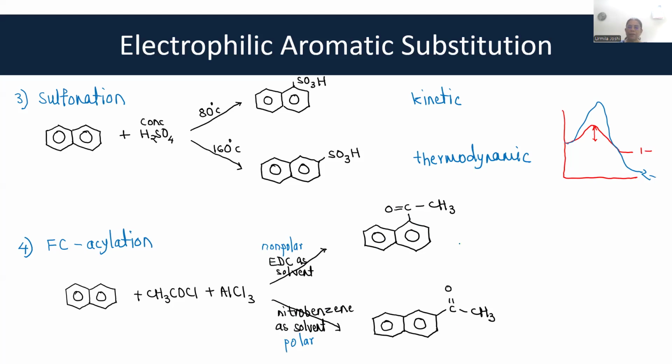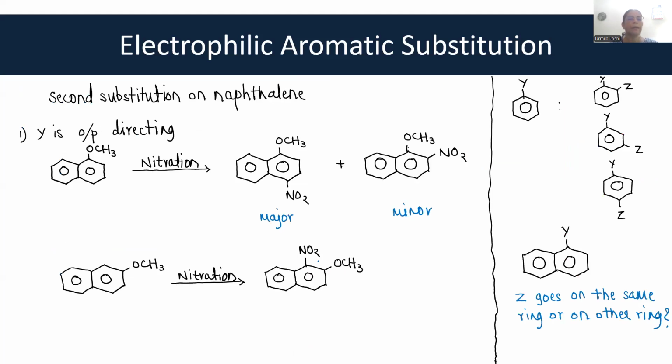So even if a 1-substituted product is formed, it can revert to a 2-substituted product. Remember, in case of exam, up till now, I have never seen anybody asking the reason, but this is the product: 1-substituted product when EDC is used and 2-substituted product when nitrobenzene is used.